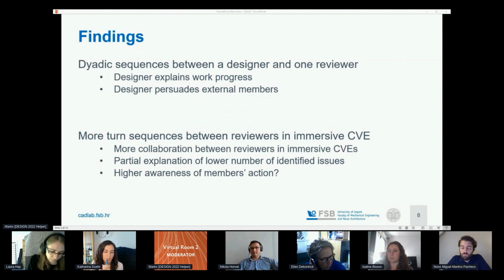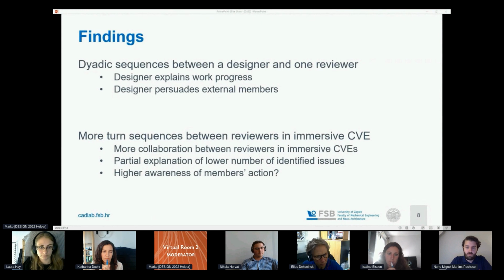If more collaboration in immersive environment is the case, it might partially explain the lower number of identified issues in this environment, work which we published elsewhere. We are still exploring why this might be the case, but one explanation is that there might be higher awareness of member actions in immersive environment, since there you could always see the avatar and what they are doing or looking at.